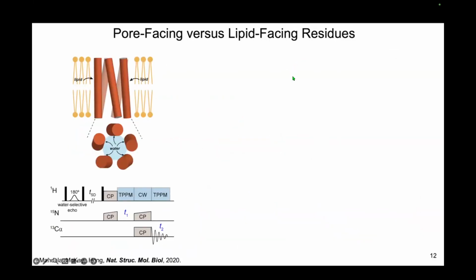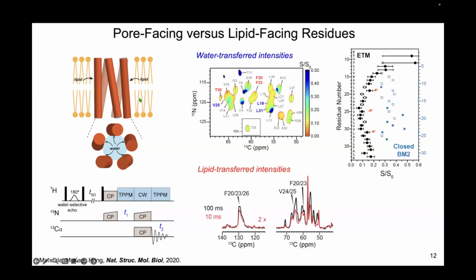In addition to these REDOR experiments, we can also measure the topology or the packing of the helices by using water-transferred and lipid-transferred experiments. Here the idea is to transfer, for example, magnetization from the pore water molecules to the protein protons and then detect that through the protein carbon-13 or nitrogen-15 signals.